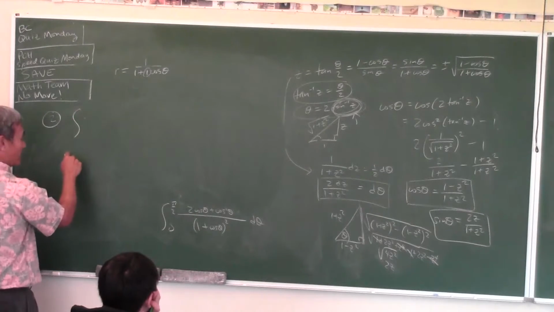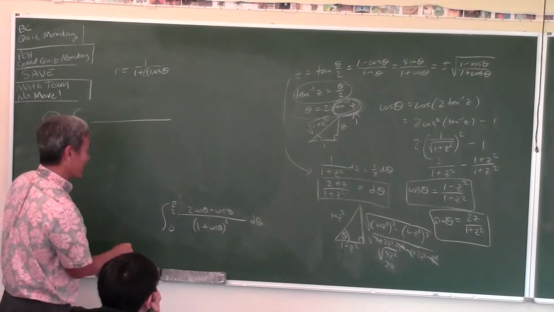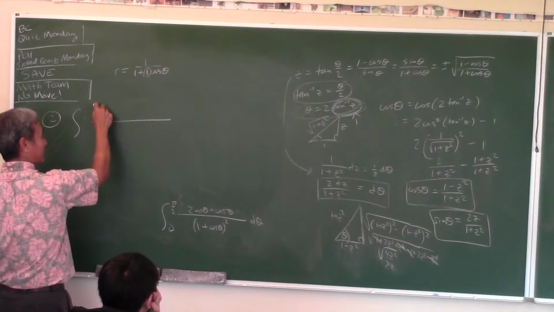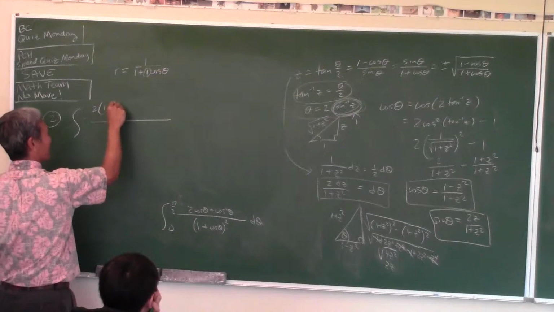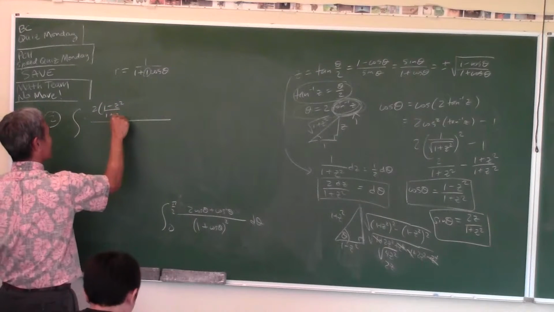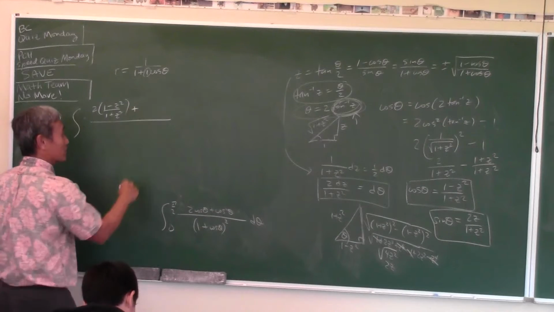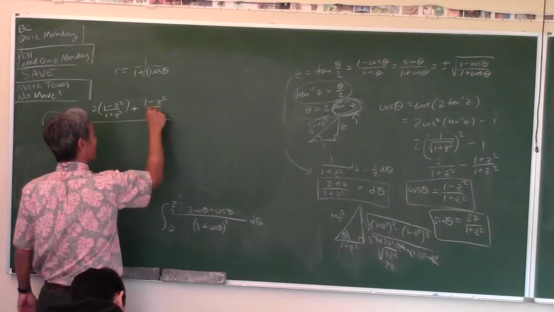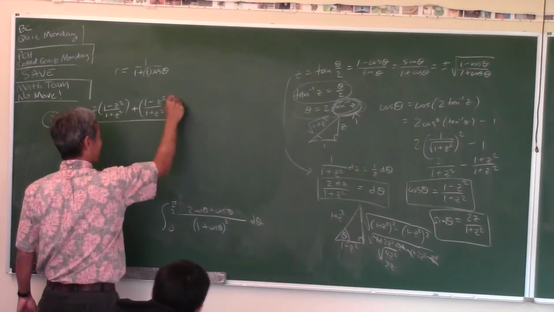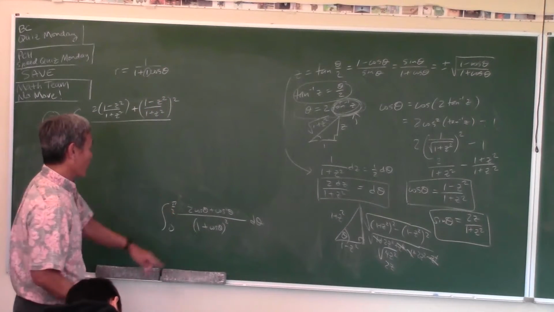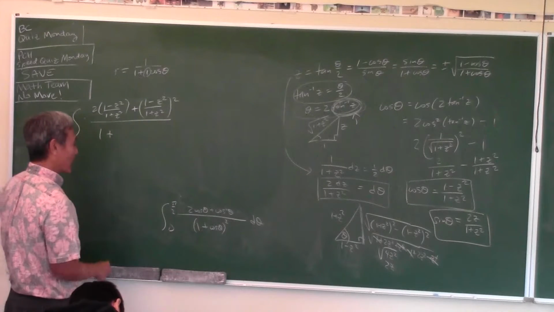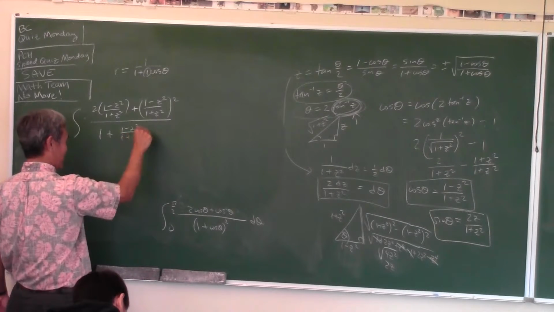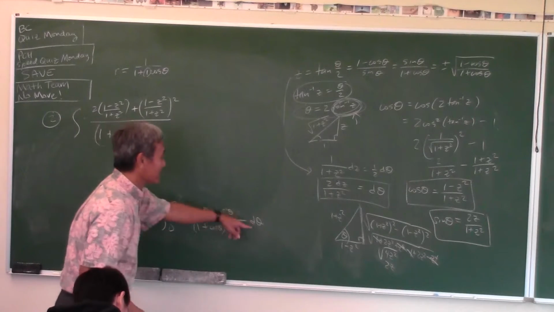So let's do that. 2 cosine theta. Okay, look at those substitutions. What is 2 cosine theta? 2 times (1 minus z squared) all over (1 plus z squared), plus cosine squared, which is (1 minus z squared over 1 plus z squared) squared, over 1 plus cosine theta, which is 1 minus z squared over 1 plus z squared, times d theta.